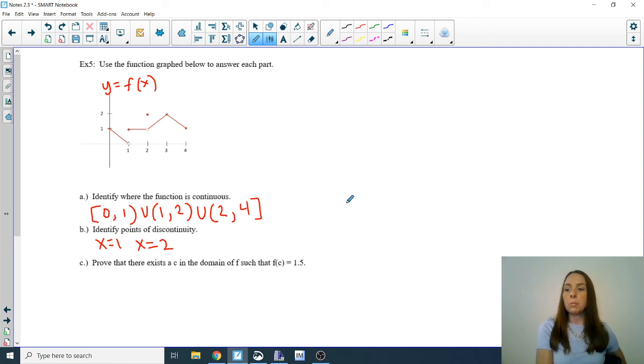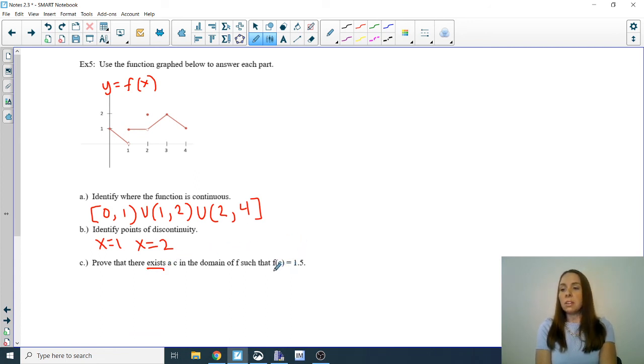Finally, part C, prove that there exists a c in the domain of f such that f of c equals 1.5. The most important thing I want you to get out of what you're looking at in that set of directions is that you are thinking about the intermediate value theorem to do that. Here are 2 reasons why. First of all, it's asking you to prove the existence of something.